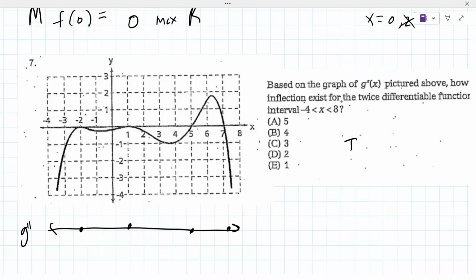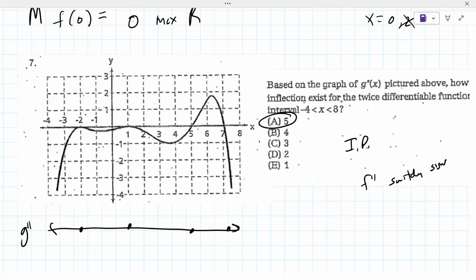An inflection point occurs when the second derivative switches signs. Yeah, the graph switches signs just at 5. Yes, just 5. So that would be the answer to that one.